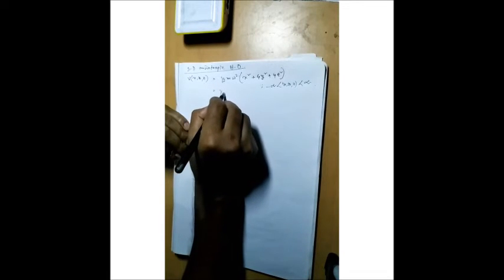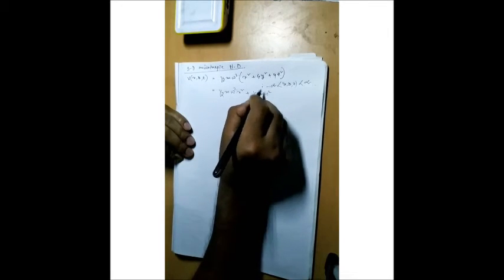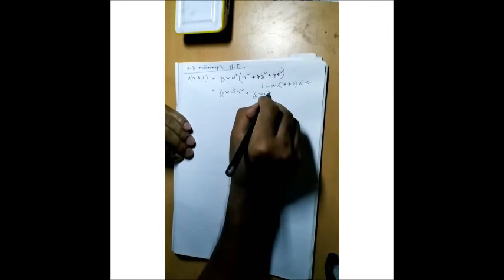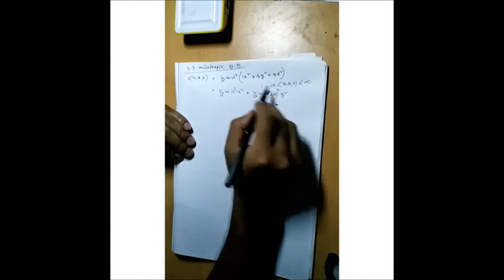So this is half m omega squared x squared, plus half m (2 omega) whole squared y squared, plus half m (3 omega) whole squared z squared, clear.